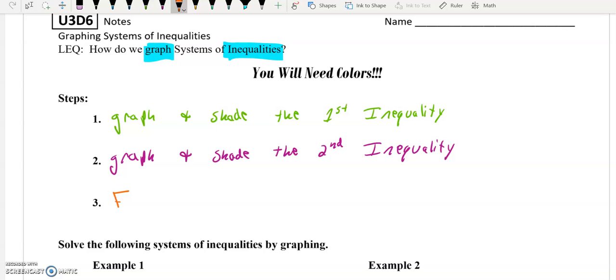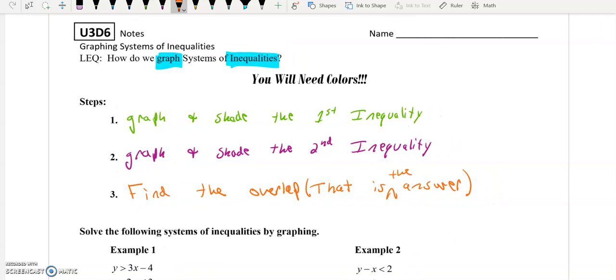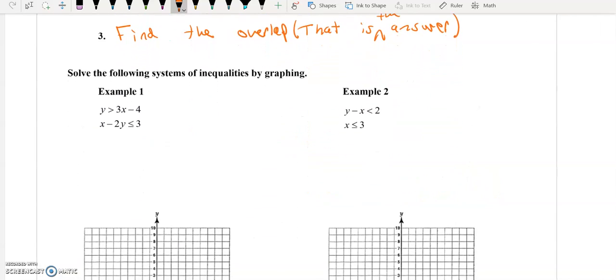So we find the overlap. And take note that when you find that overlap, that right there is your answer. So the overlap section, whenever we shade, is going to be our answer. So let's look at an example together.